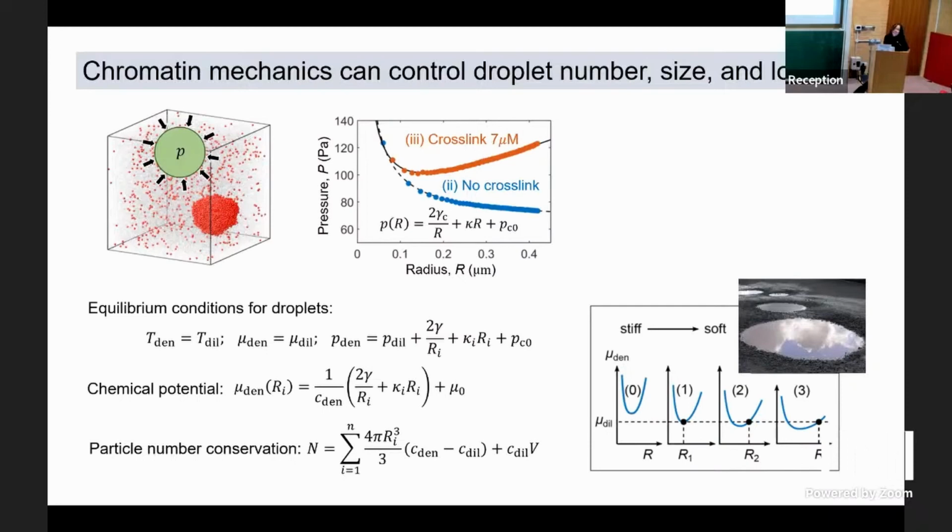Oh, you mean I have 3 conditions? I really only need 2. Okay, yeah, you are right. Pressure is in fact a function of temperature and the chemical potential, so we really need 2.